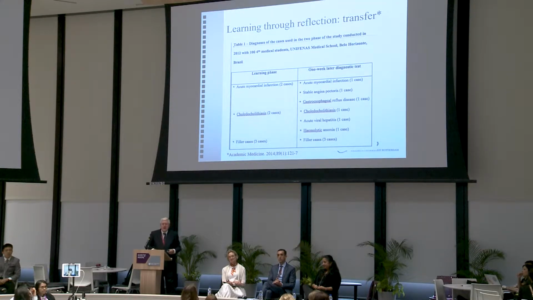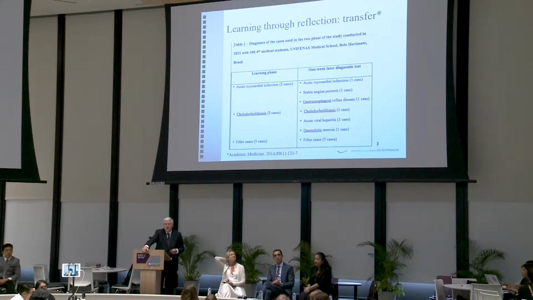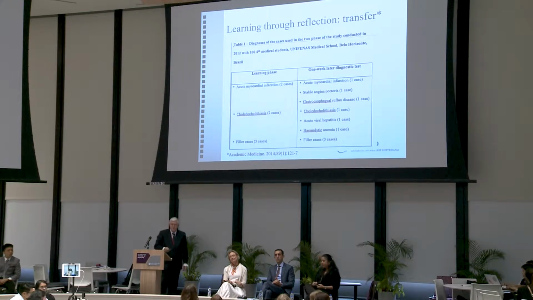And then on a 1 week later diagnostic test, they received an acute myocardial infarction case, stable angina pectoris, a gastroesophageal reflux case, and then also 2 cases that look like the original case trained, and of course a case that was trained, and again 3 filler cases.